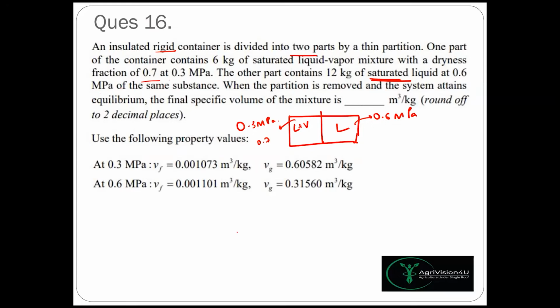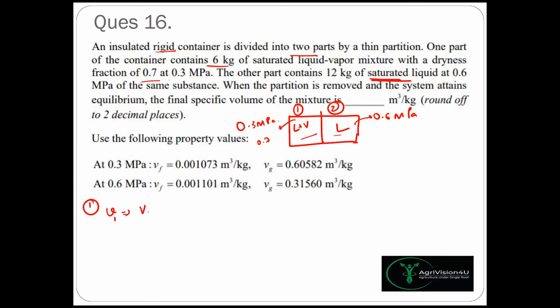So what we have to find out is the final specific volume of the mixture. First of all, we have to find out the specific volume of this side and this side. So I'm writing part 1 and part 2. We'll be discussing part 1 first. The specific volume for part 1, we have 6 kgs of this. But before that, we have to find out the actual specific volume of part 1, that will be equal to V1.